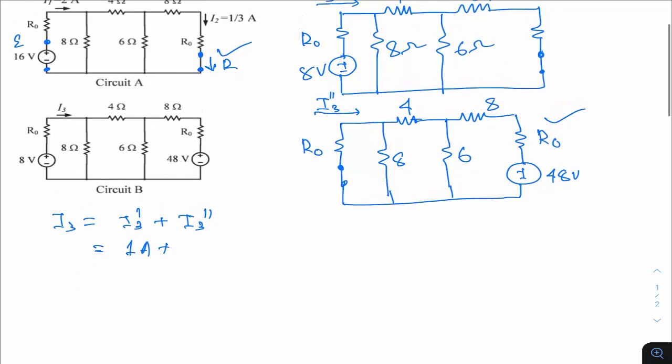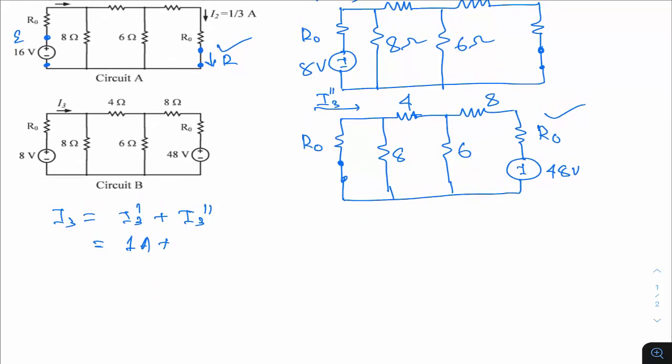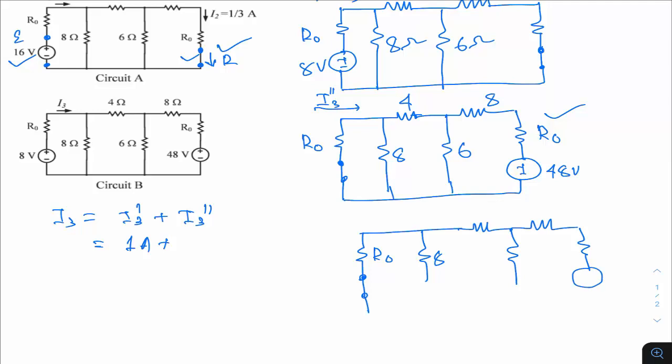That means, let me draw this first. In this circuit A, let me interchange the position of this 16 volts and this short circuit path. So how does the circuit look? This is your R0. This 16 volt is replaced by a short circuit. Then you have this 8 ohm, then this 4 ohm, then this 8 ohm, then this 6 ohm, and then this R0, and then the interchanged source comes into the picture.